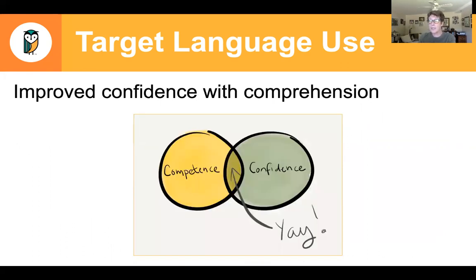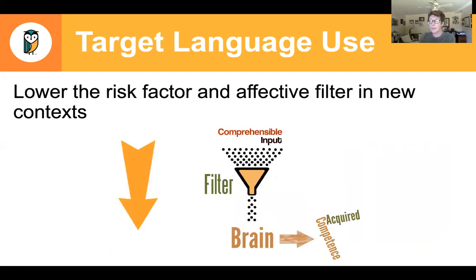Another reason for using the target language is that the more students hear the language, the more they will understand and the higher their confidence will grow. Also, the more students are exposed to the language, the more comfortable they are being immersed in it. When they are comfortable, their affective filter goes down, which allows more language into their brains.